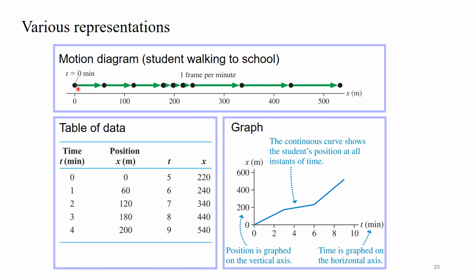So a student starts at time 0 at position 0, then goes through this motion here, sometimes going fast, sometimes going slow, and ends up somewhere above 500 meters. The graph shows you the same thing. So does the table: the student starts at 0 and then has these different lines to represent different speeds, and then ends up at a final position of above 500.